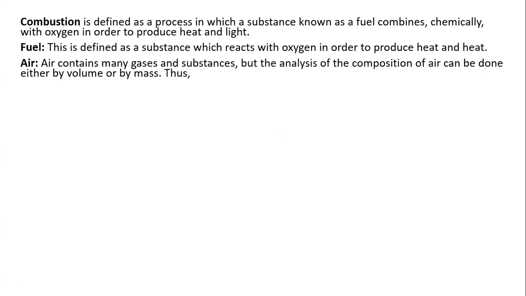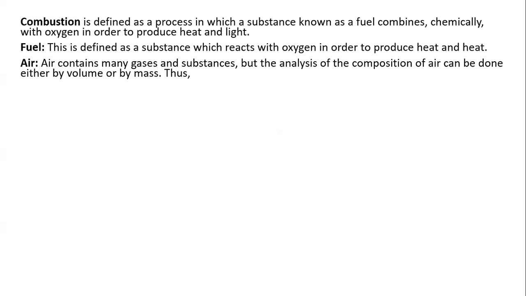Then air. Now with air, we're going to call a spade a spade. It has a lot of gases, and by volume or by mass, they analyze them slightly differently in terms of the percentages. So air has oxygen, nitrogen, and can also have moisture, dust, and other fragments.